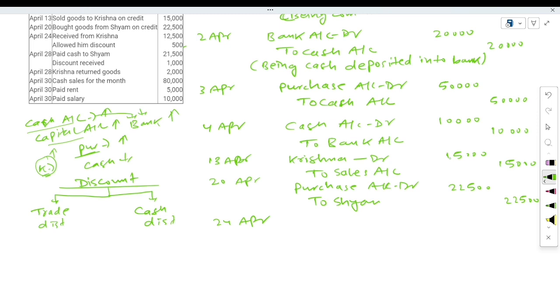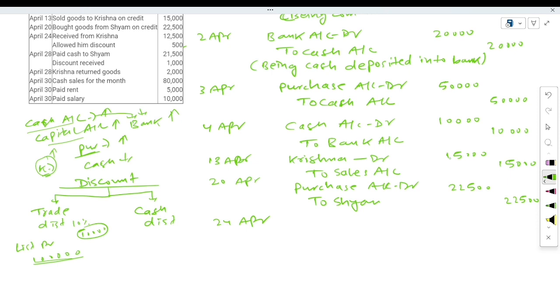Suppose there is a product whose list price is rupees 1 lakh, and in the question it is mentioned that he is getting 10% trade discount. It means 10% of 1 lakh, it means 10,000.